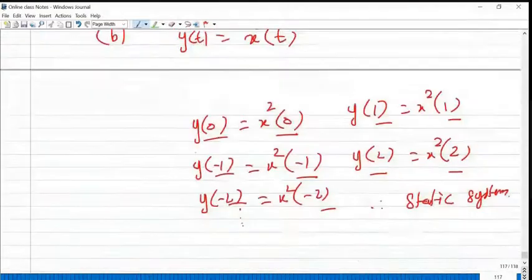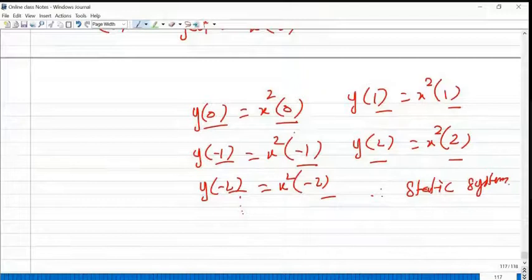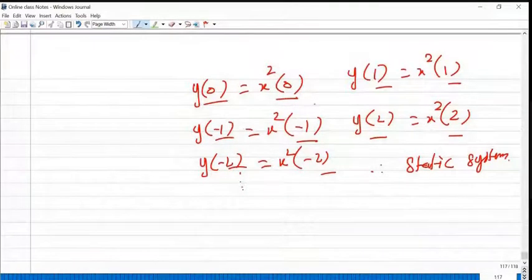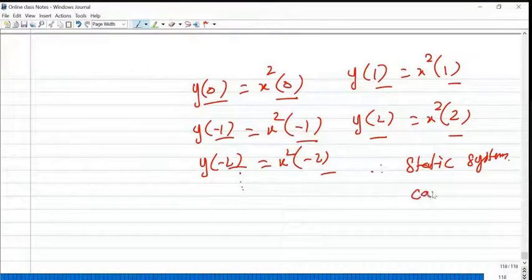In this example, the output of the system always depends on present input. Causal system meaning output of the system may depend on present input as well as past input. But in this example, at all the time instants, output depends on present input only. So this can be an example for causal system.